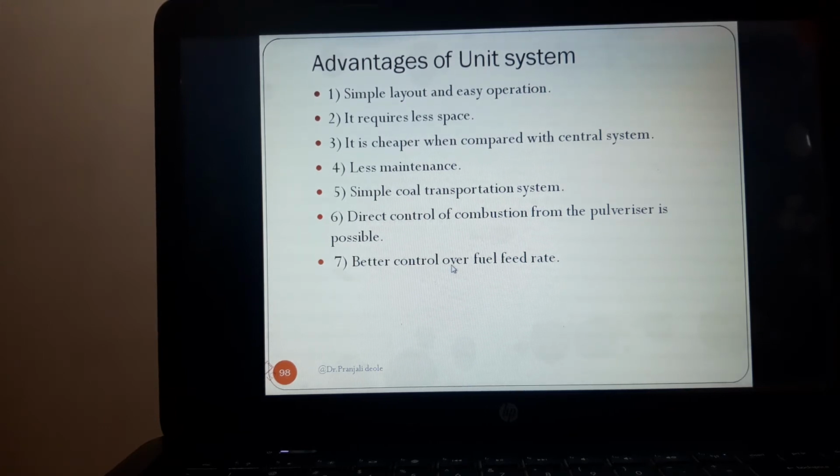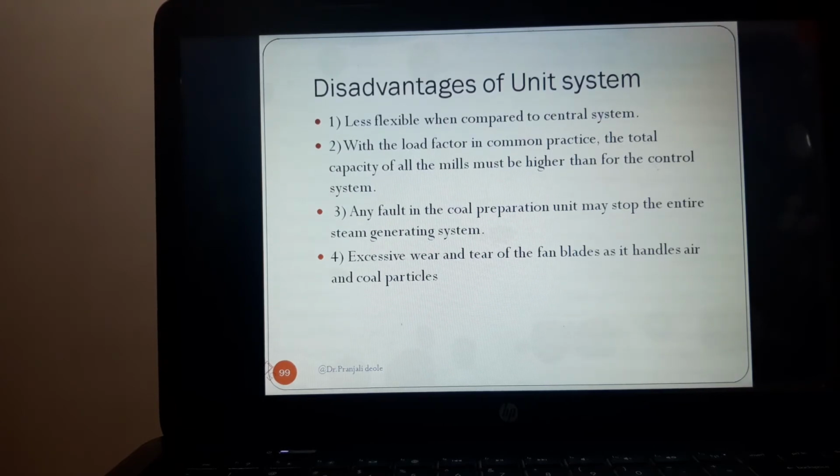There is better control over the fuel feed rate. The unit system also has certain disadvantages, like it is less flexible when compared to the central system. With the load factor in common practice, the total capacity of all the mills must be higher than for the central system. Firing is obstructed with pulverized equipment unless it is relegated to the basement.